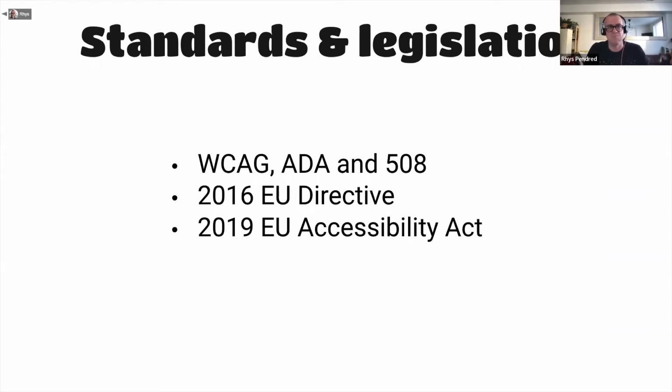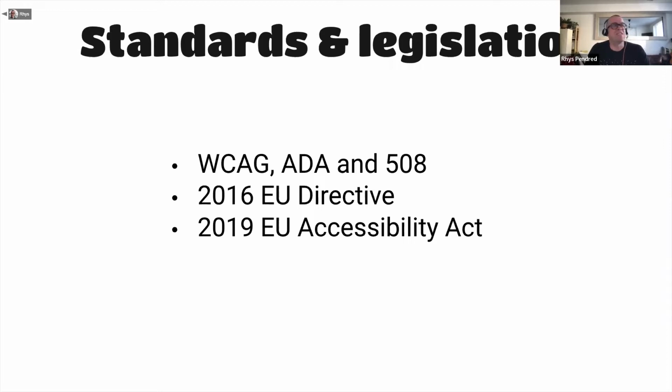So for example, in Europe, we had the 2016 EU directive, which meant that government bodies and public bodies had to meet a standard for accessible content, which broadly matched WCAG 2.1. WCAG 2.0 was 2008, so sometime after that.